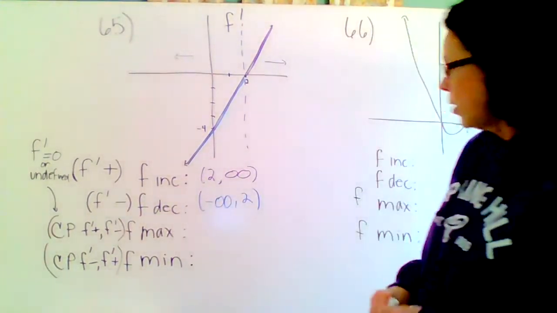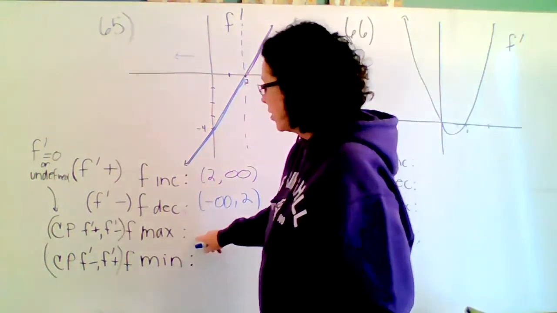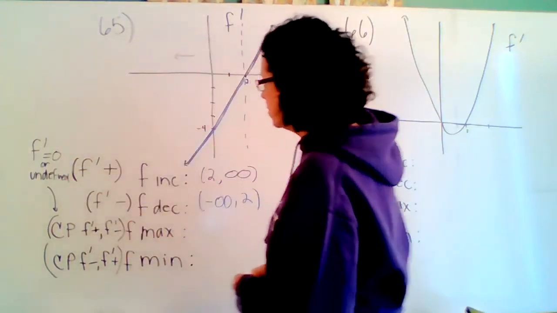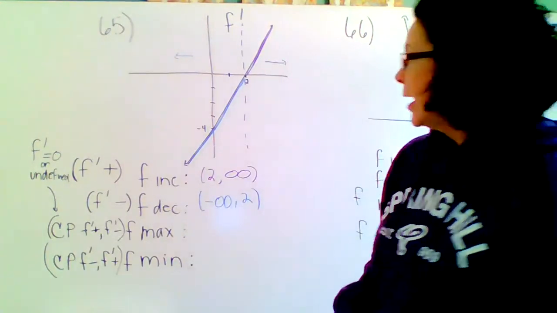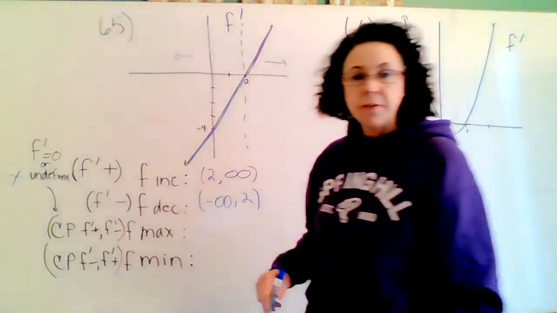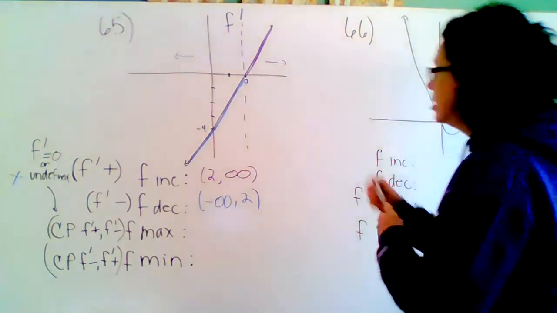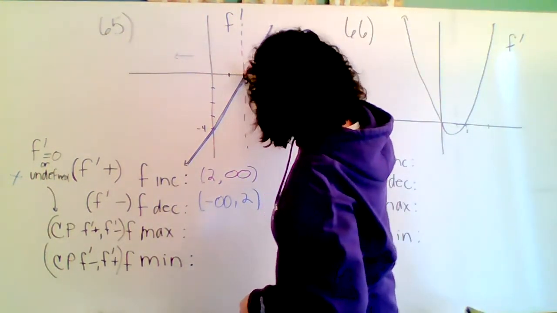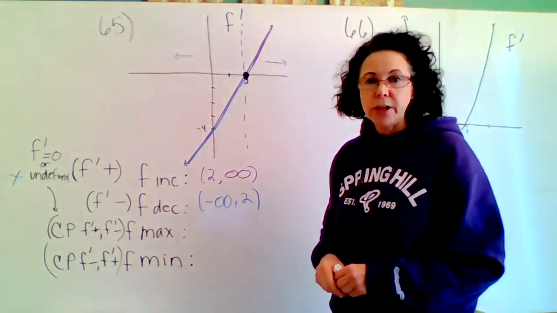Or I could use inequalities. A maximum happens where there's a critical point where the derivative is 0 or undefined. Well, for every x on this derivative graph, I see a y. I don't see anywhere where the derivative is undefined. Where is it equal to 0? That happens right here at x equals 2. So that's a critical point on the function.